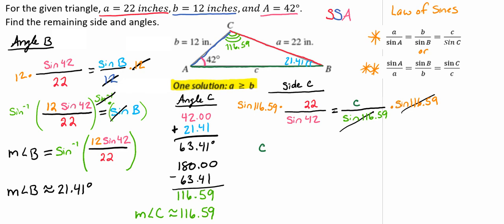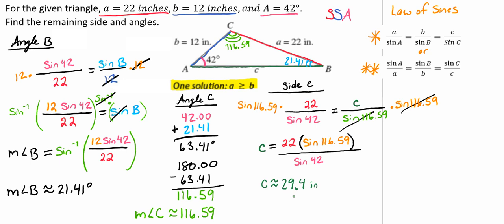So we're going to see that C is going to equal 22 times the sine of 116.59 all divided by the sine of 42. When we do that, we're going to see that C is about 29.4 inches when we plug that into our calculator.